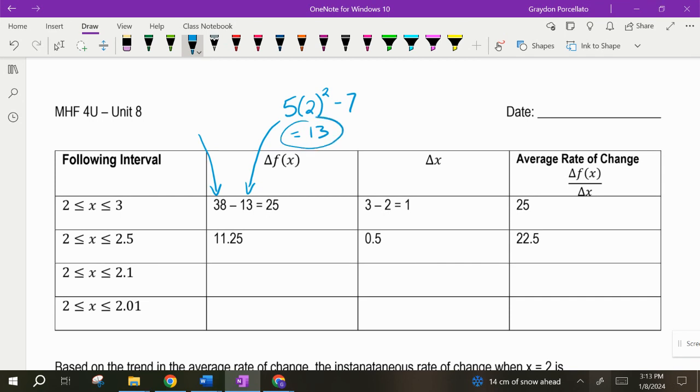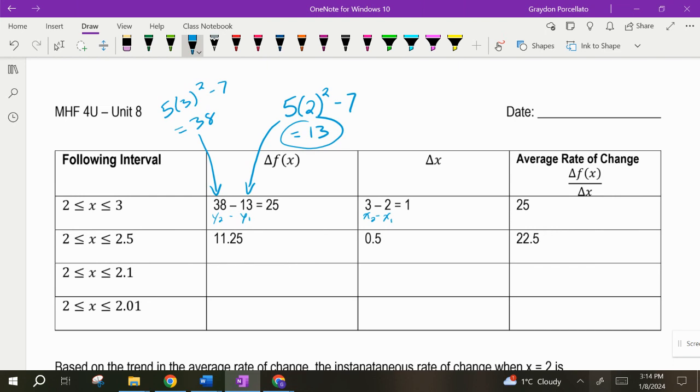And if I sub in 3, 5 bracket 3 squared minus 7, that's equal to 38. So that's where I get those two values from, my y2 and my y1. So y2 minus y1 over x2 minus x1.